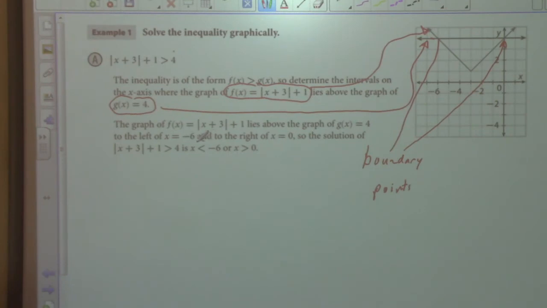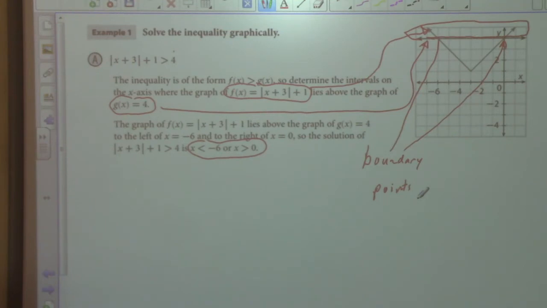Yeah, he is, because we're looking for greater than. So it's this area above where we see that function above y equals 4 that are the solutions, which would be over here, greater than 0 and less than -6.